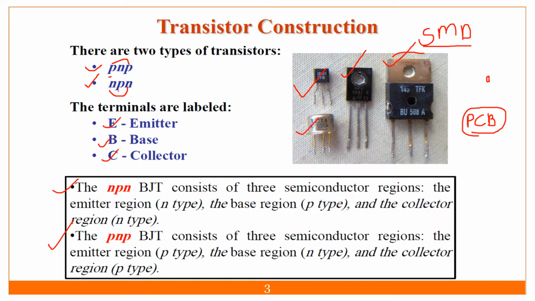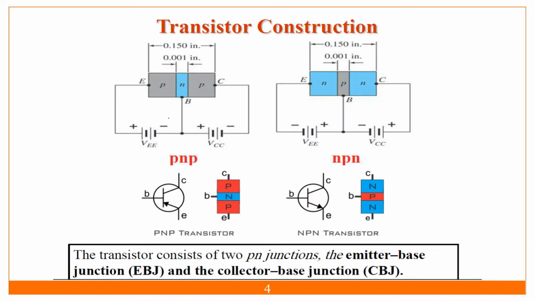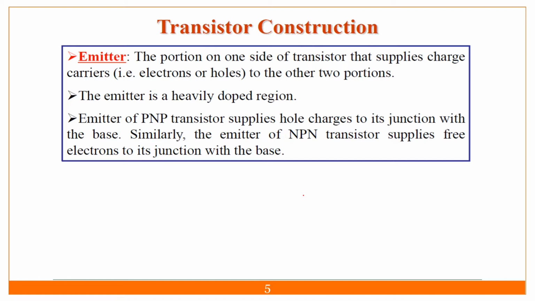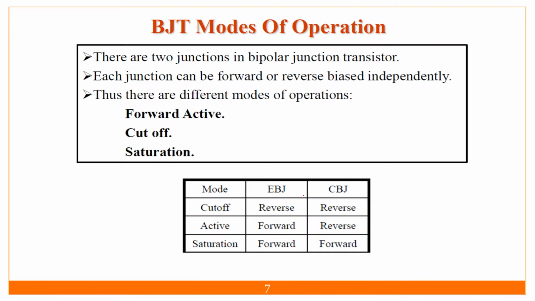We have discussed its construction and symbol. In the PNP transistor the arrow points inside, showing current going inside, and in the NPN transistor the arrow points outside. So arrow inside indicates PNP and arrow outside indicates NPN. Emitter, collector, and base we have discussed.